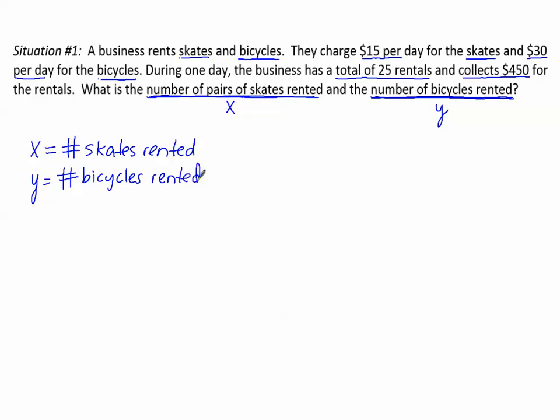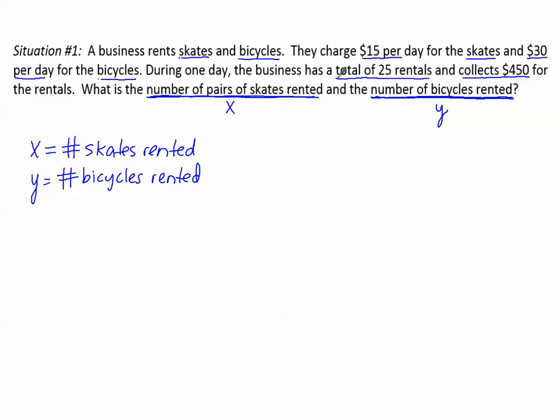And now let's see how we can relate the number of skates rented to the number of bicycles rented with the other information from the problem. Notice there's numbers about two different types of things. One of the types of things is money. Here's numbers relating to money. We should put all the things that are like each other together. All of the money numbers will go together.